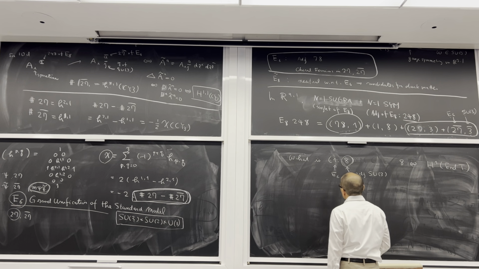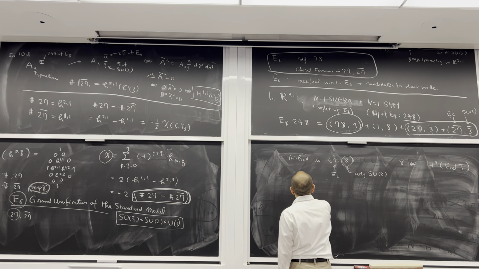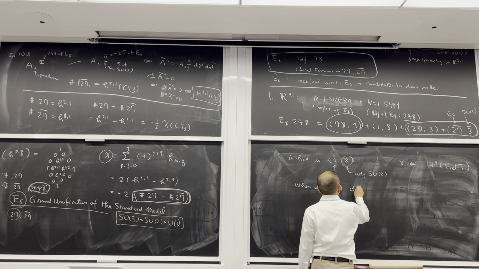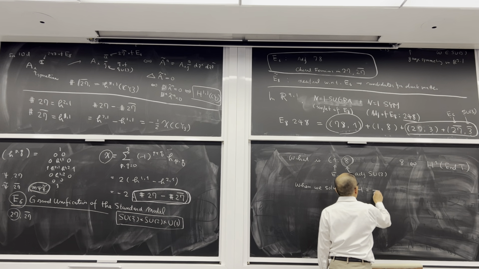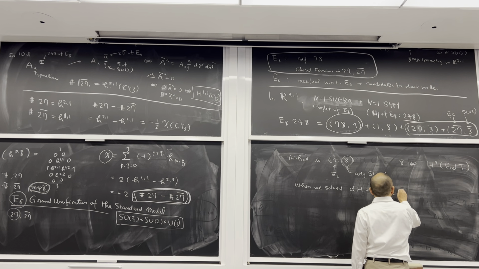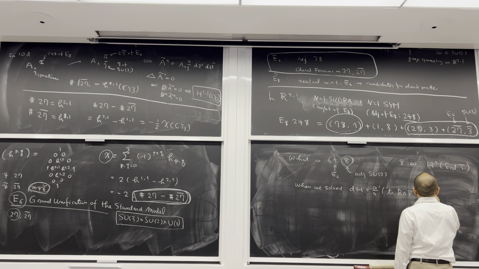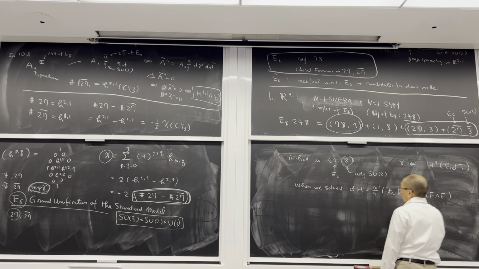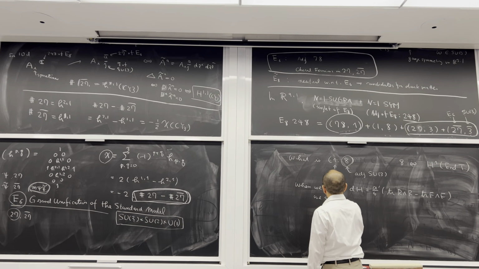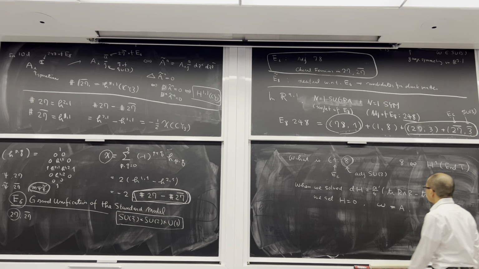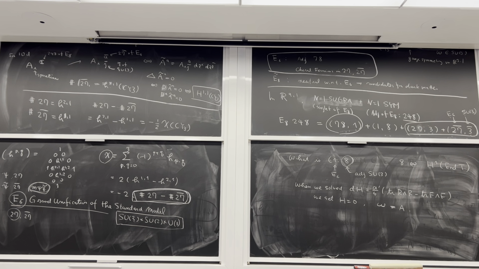So remember that when we solved dH is equal to 4 alpha prime trace R wedge R minus trace of F wedge F, we set H is equal to 0 and omega is equal to A. And this was a nice class of solution.